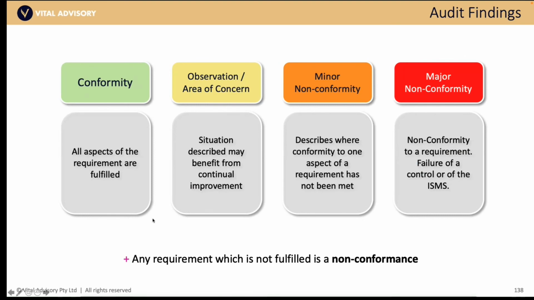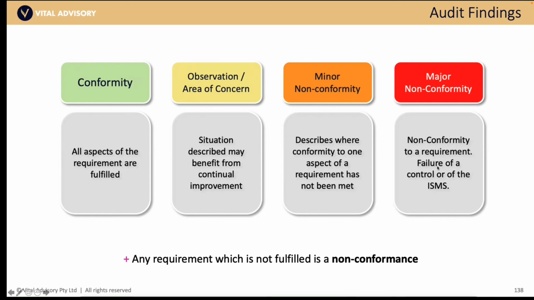The findings, areas of concern, etc. So when the auditor makes their findings, these are typically, in a certified audit, a certified ISMS, the findings. A major nonconformity is where the requirement is not met, or there is a failure of a key control, a mandatory requirement in the standard.